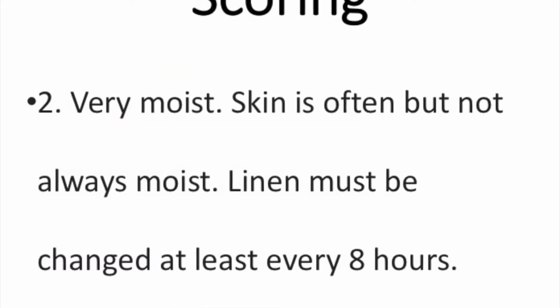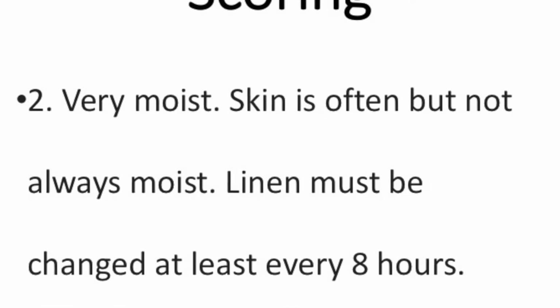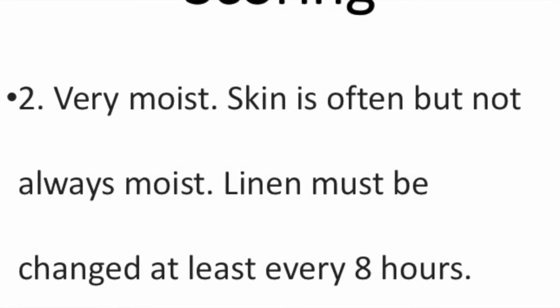Very moist means that the skin is often, but not always moist. Often means the frequency of contamination or exposure to urine, stool, or moisture over the skin is getting higher. It happens one time every 8 hours.